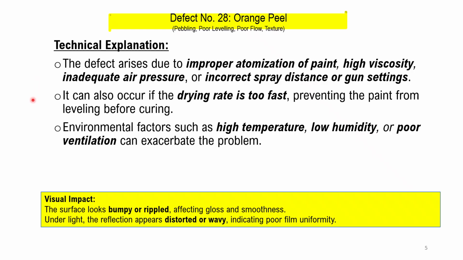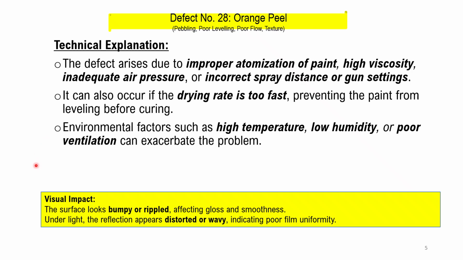It can also occur if the drying rate is too fast, preventing the paint from leveling before curing. And of course, environmental factors such as high temperature, low humidity, or poor ventilation can also result in this problem.